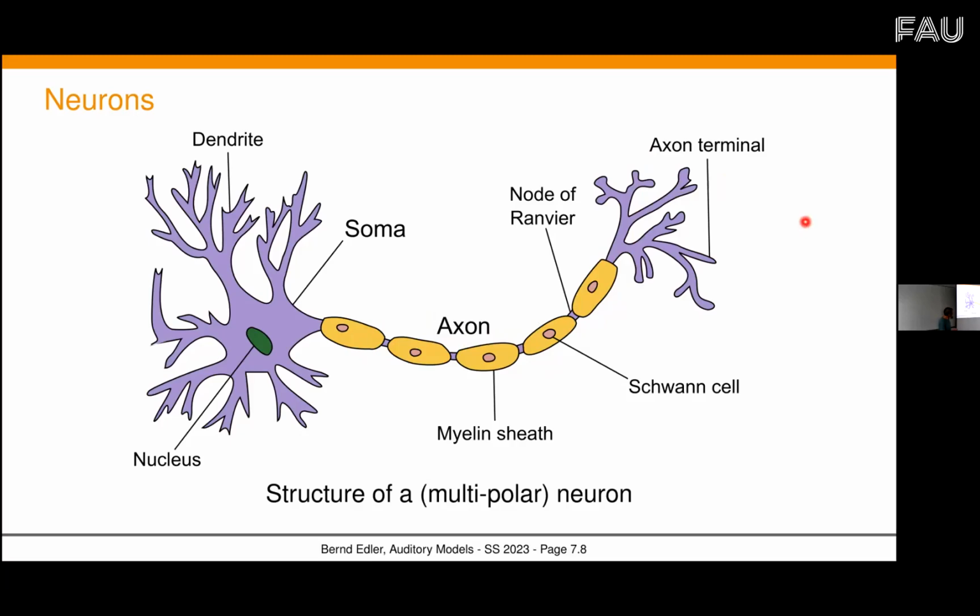And then there would be terminals on the other side, which could connect to other neurons, for example, where the information is then further processed. So it's not just a one-to-one connection, but we can have multiple connections on this side and also multiple connections on the other. So the information could also be distributed to different other neurons, for example.